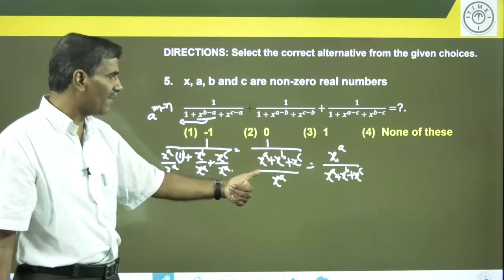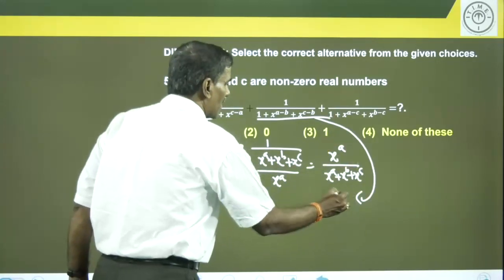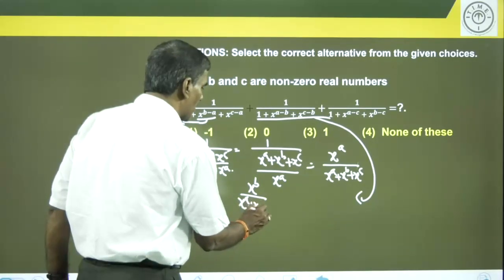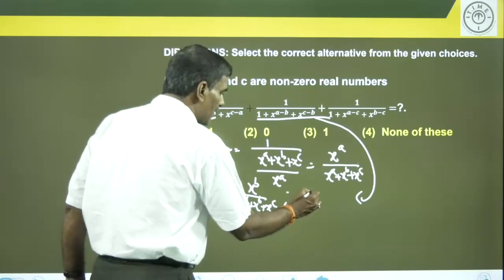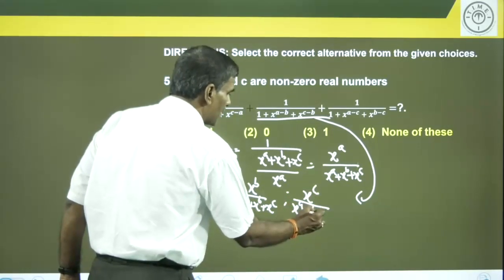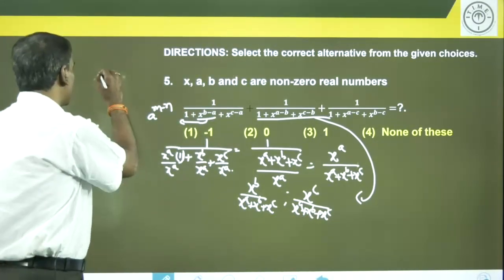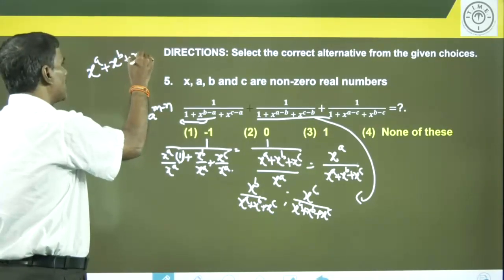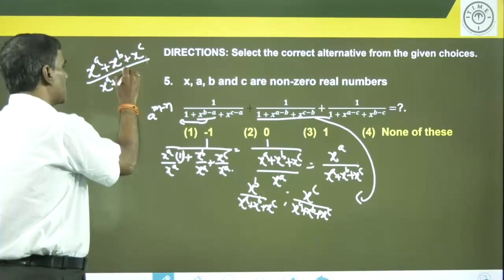So if we simplify on similar lines, that will become x power b by x power a plus x power b plus x power c. Similarly, if we simplify the last one, what do we get? x power c divided by x power a plus x power b plus x power c. So if we add these three, finally we will have x power a plus x power b plus x power c divided by x power a plus x power b plus x power c.